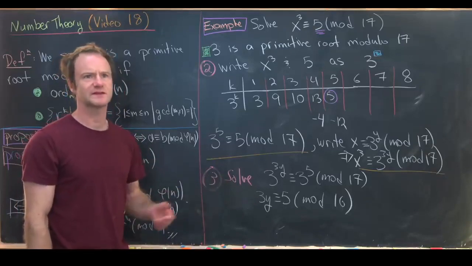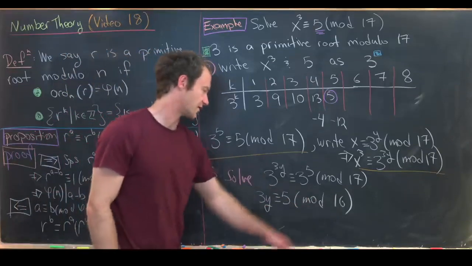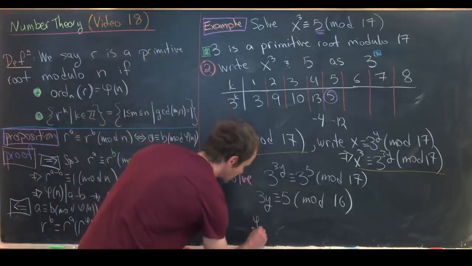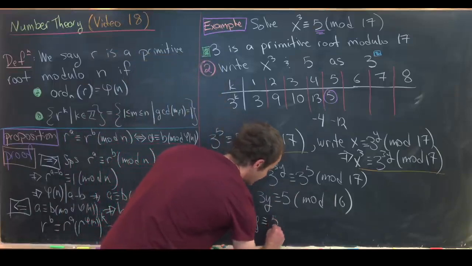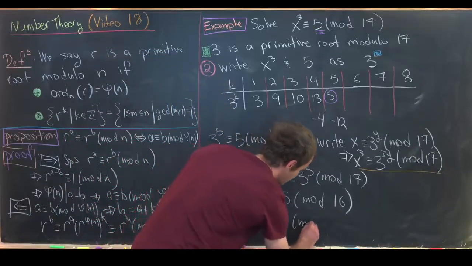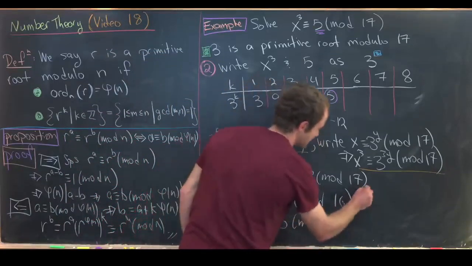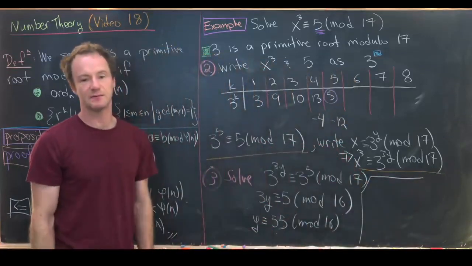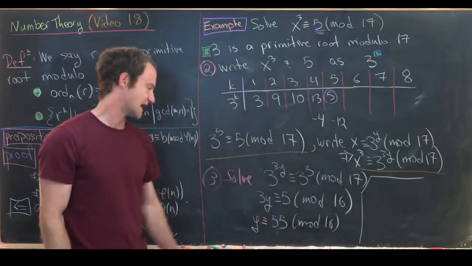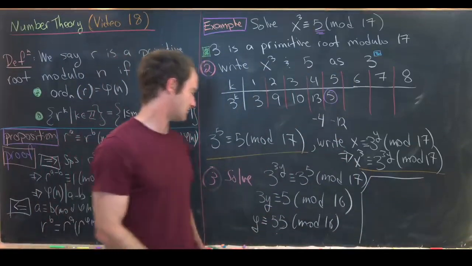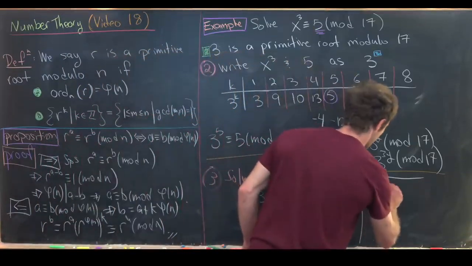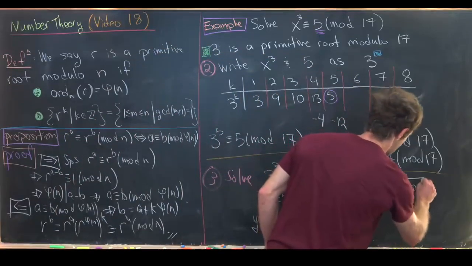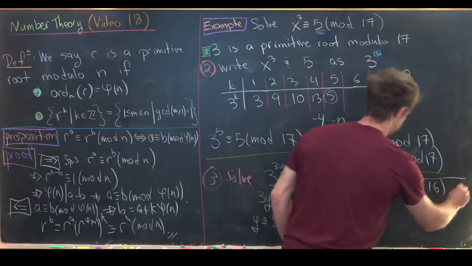That's because 3 times 11 is 33, which is 1 more than 32, which tells us that y is congruent to 55 mod 16. But we're not quite done yet, because notice 55 mod 16 can be reduced to 7 mod 16. So we have y is congruent to 7 modulo 16.